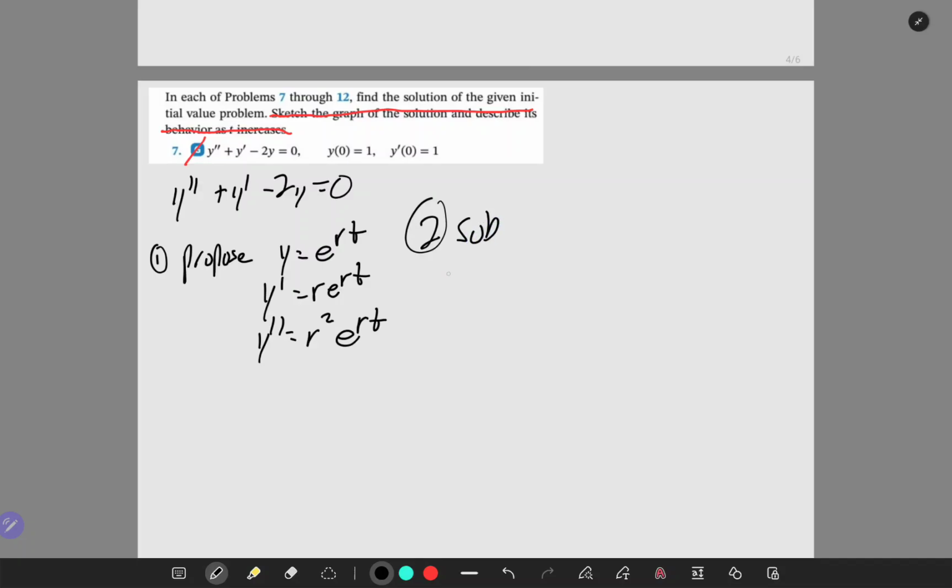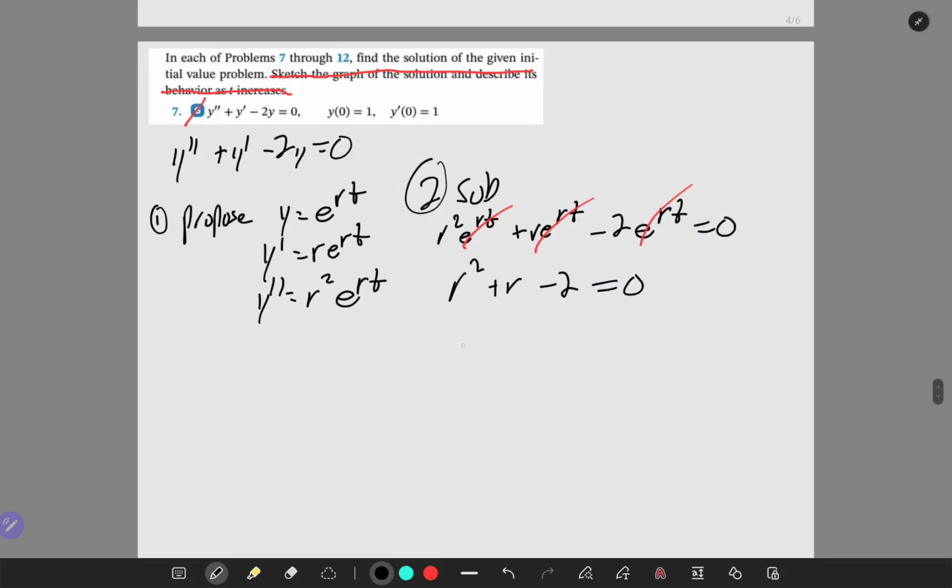Substitute: r squared e to the rt plus re to the rt minus 2e to the rt is equal to 0. These cancel. R squared plus r minus 2 is equal to 0. We can factor this one out nicely. That'll just be r plus 2 times r minus 1 is equal to 0. So r is equal to negative 2 and r is equal to 1.